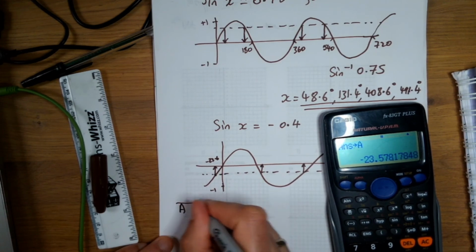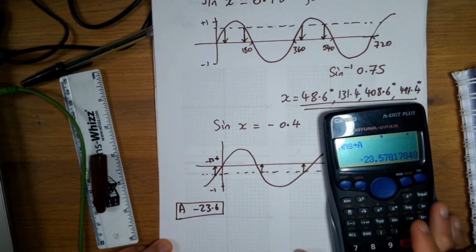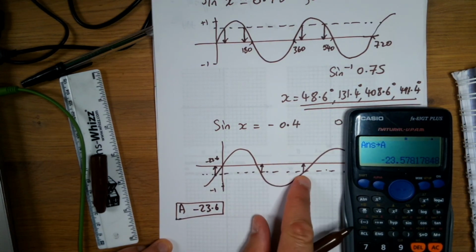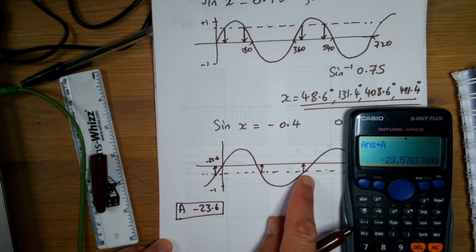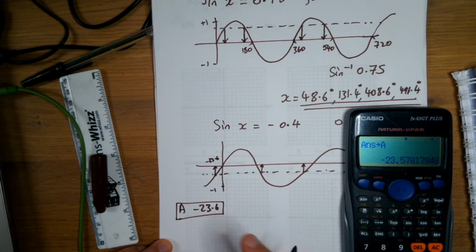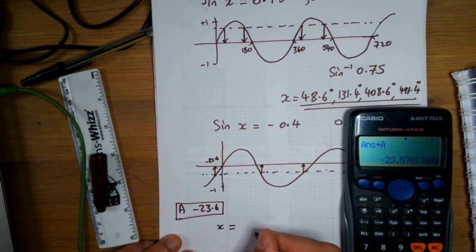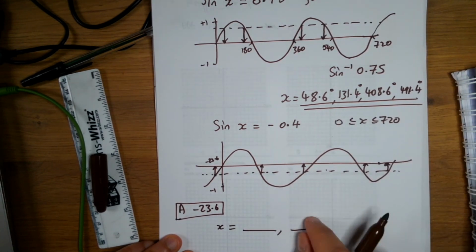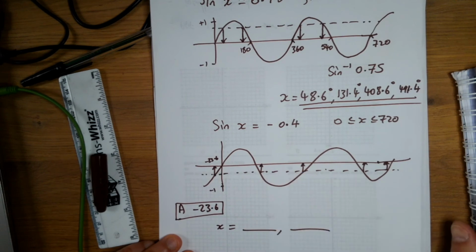A is minus 23.6. Okay, so that one is awkward, but that one is just 360 degrees along from this number, isn't it? So let's leave a space for the first answer, but the second answer is 360 degrees along from this.